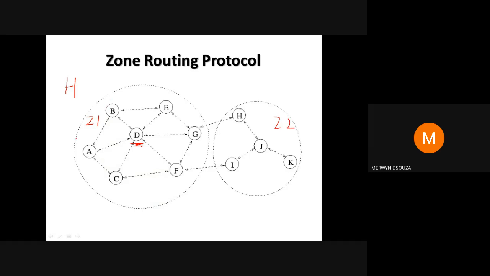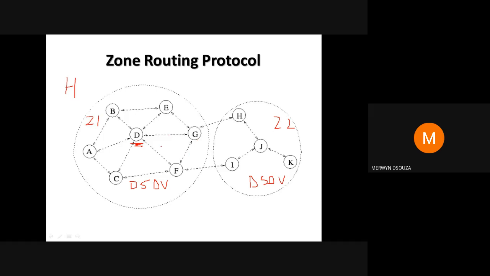Within zone 1 you will be using proactive; one example of a proactive algorithm that we have studied is DSDV. Similarly, within zone 2 you will also be using DSDV. So these 4 nodes will be using DSDV for routing, and similarly these will be using DSDV.